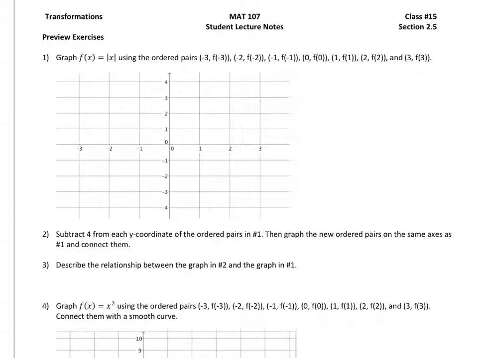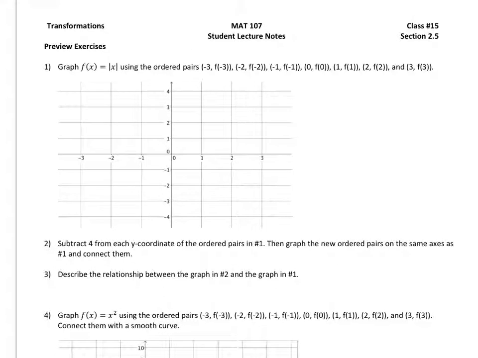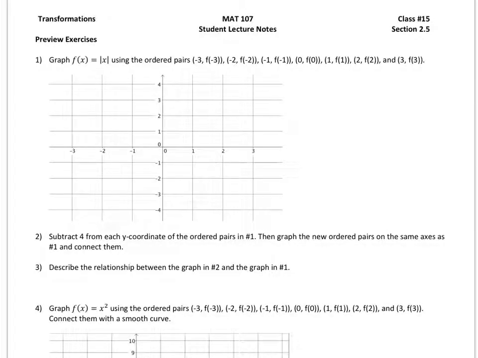So -3, f of -3. So f of -3 means take -3 and plug it into your formula. And the absolute value of -3 is 3. So my points are actually -3, 3, -2, 2, -1, 1, 0, 0, 1, 1, 2, 2, and 3, 3.